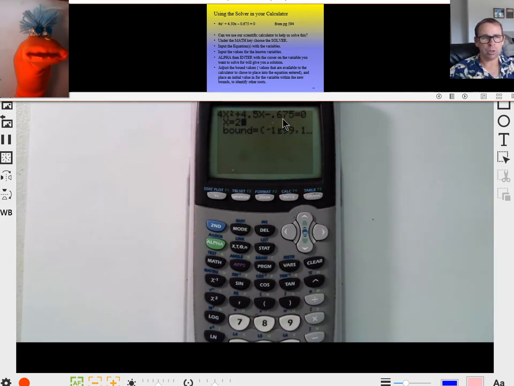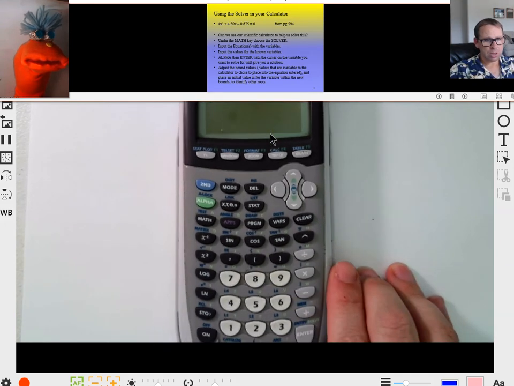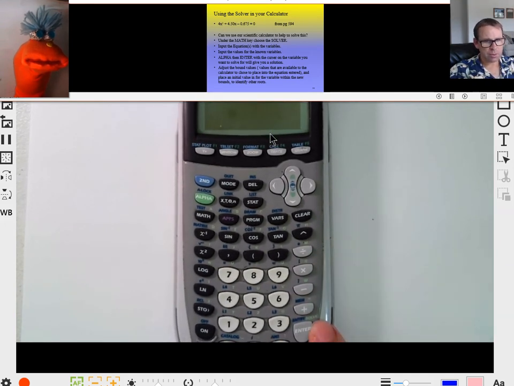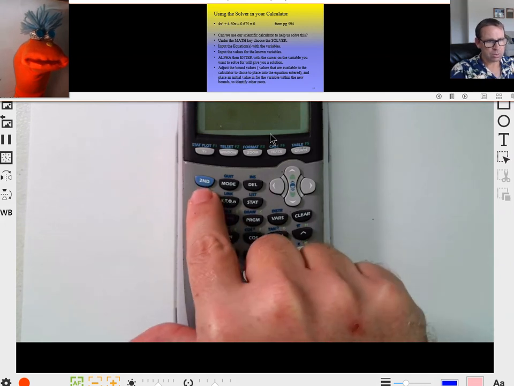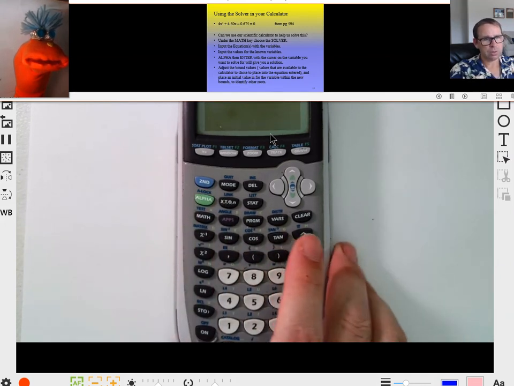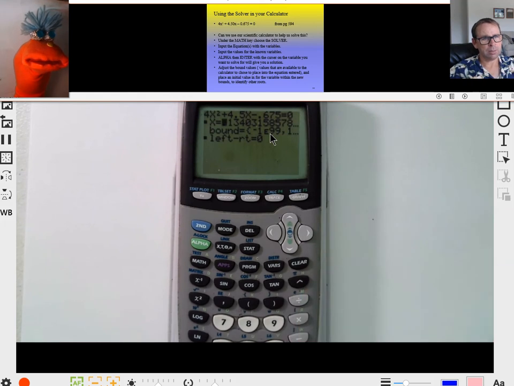If that number doesn't work, it changes x to 3. If it's farther away, it changes it the other way, to 1. It keeps doing that until it finds an answer. To get it to solve now, I need to get that green solve button. I go to alpha solve, like that, and it'll get me an answer of 0.134.